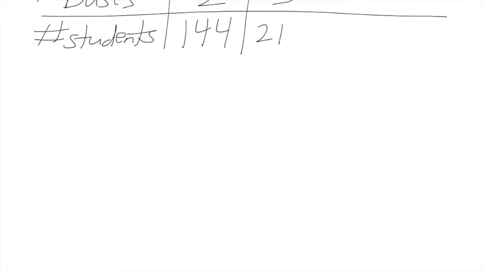You try this one for me. I have the number of buses to the number of students. 2 buses will hold 144 students. 3 buses will hold 216 students. 4 buses will hold 288 students, and 5 buses will hold 360 students.